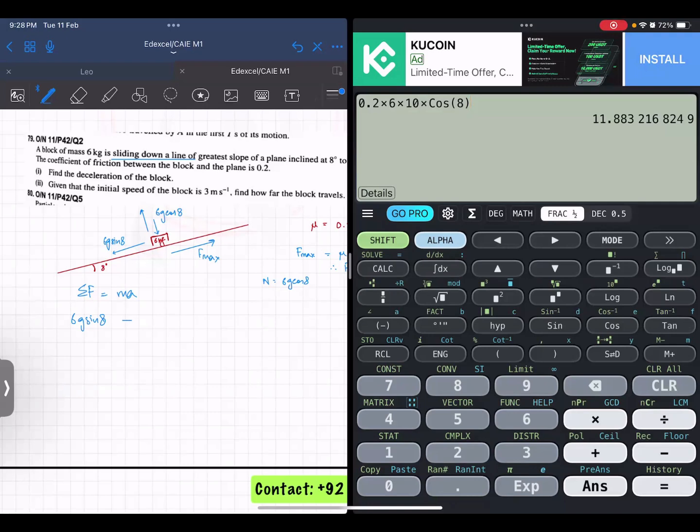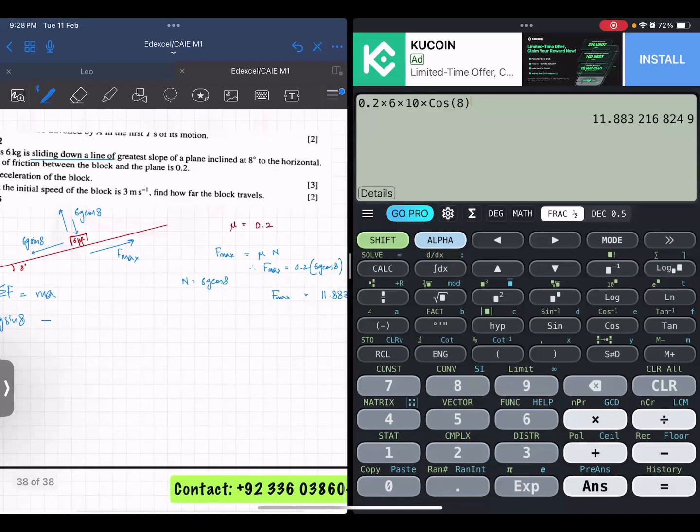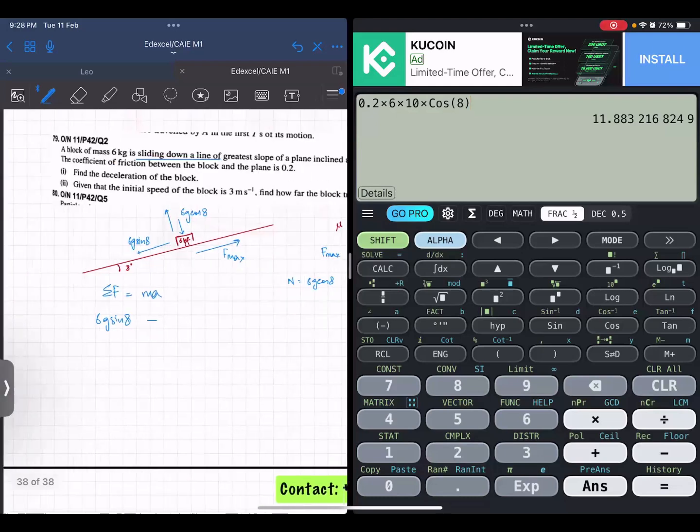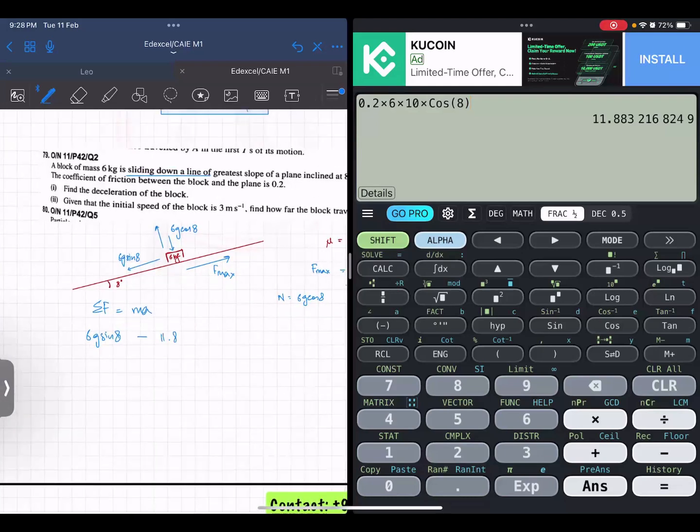So negative 11.883 is equal to ma, 6 times acceleration. So 6 times g times sin 8 minus 11.883, this answer divided by 6.